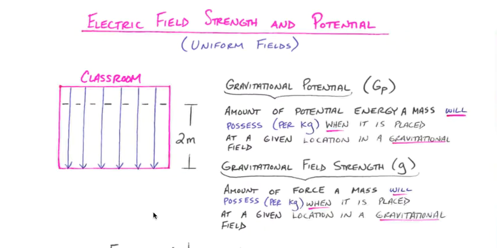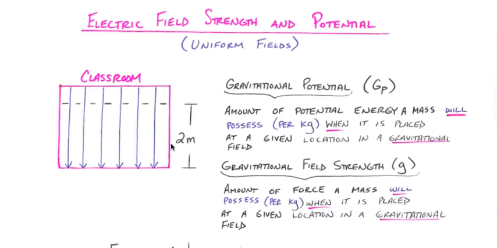And the gravitational field strength is the amount of force a mass will experience per kilogram when placed at a given location. So these two, gravitational potential and gravitational field strength, are not a property of the object. Those are properties of the field or the space around a planet or an object that has mass. So if you remember these, it's going to be significantly easier to understand these two concepts.